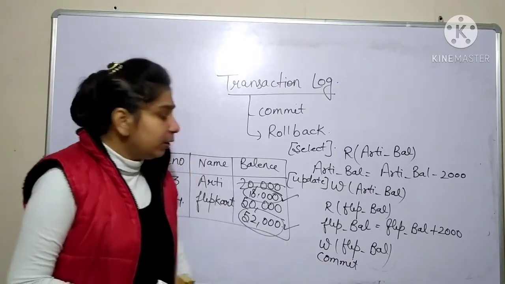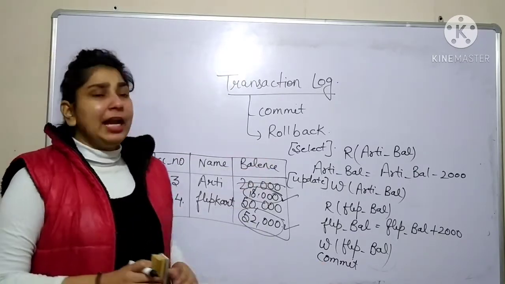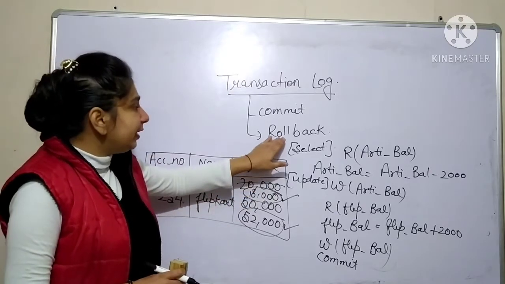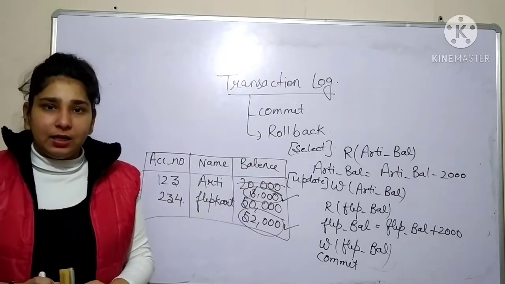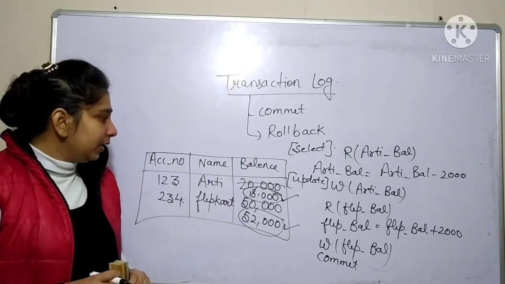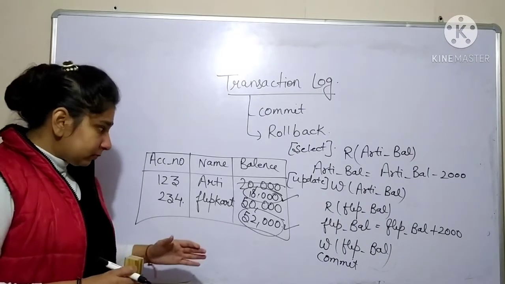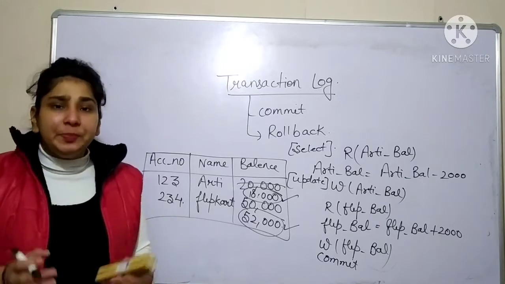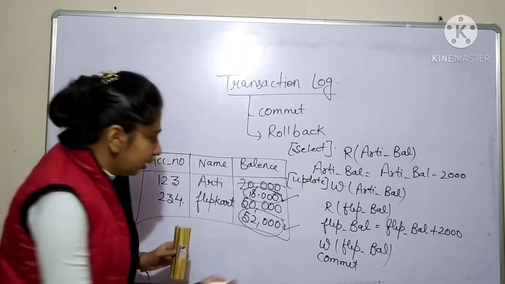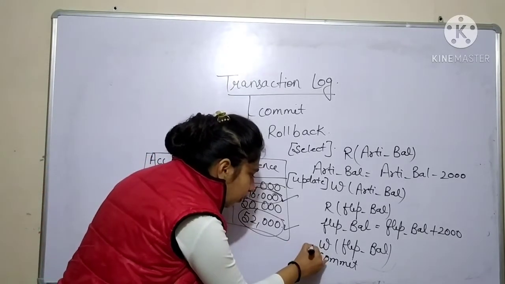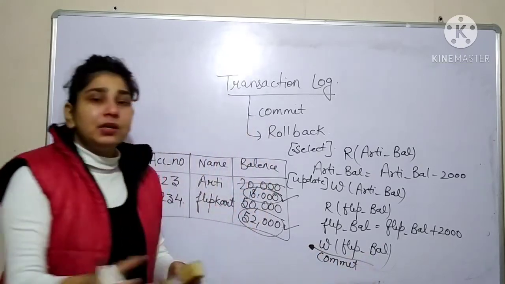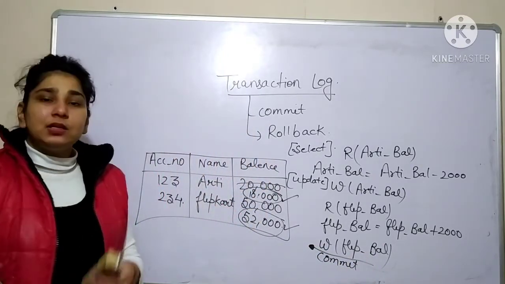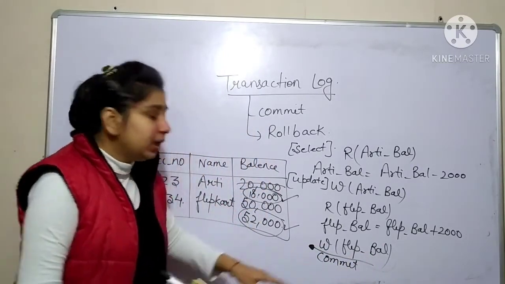Now let me tell you the meaning of the rollback operation. Let's suppose that we have not committed our transaction. We are at this point, just above the commit.